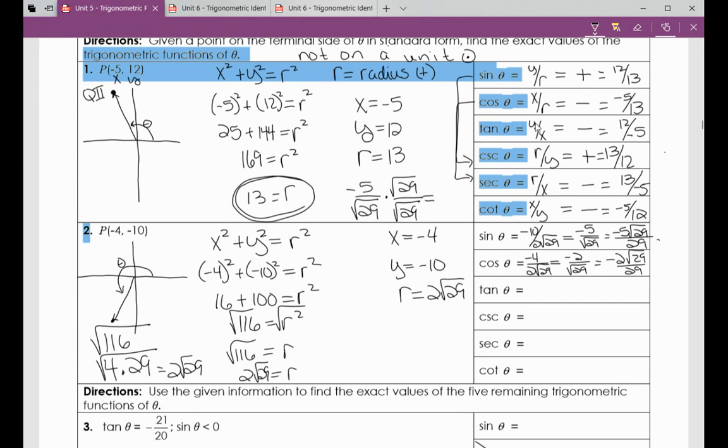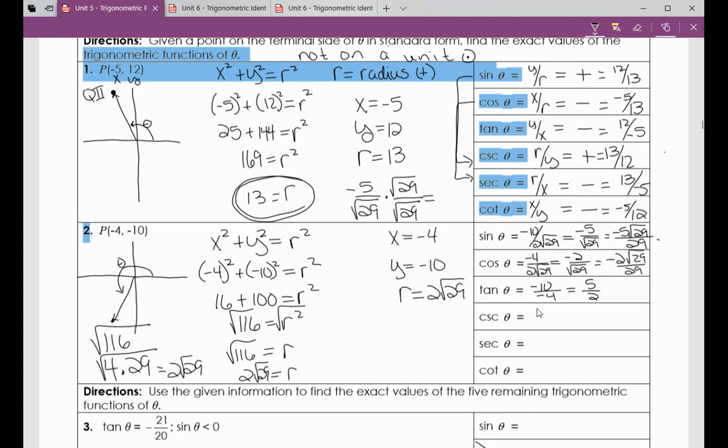Tangent is y over x every time. So I'm going to take negative 10, put it over negative 4. That turns into positive 5 over 2 when you reduce it. So I'm going to grab my cosecant, which is r over y.